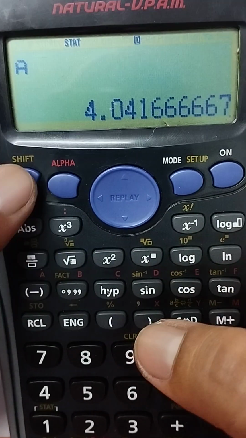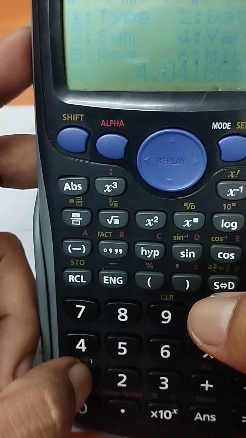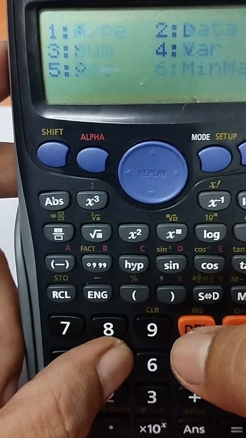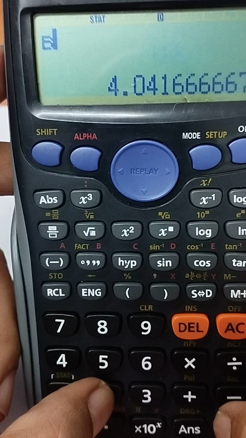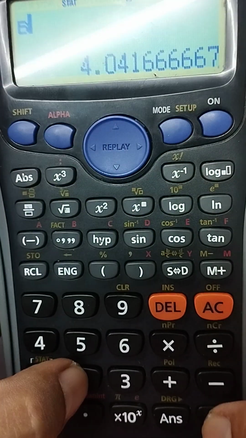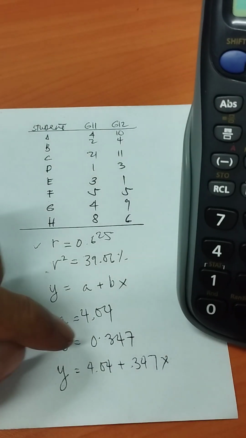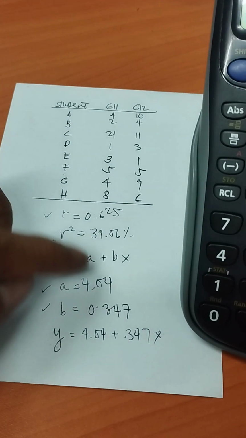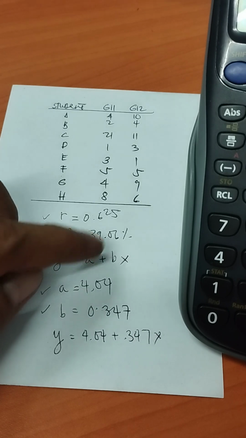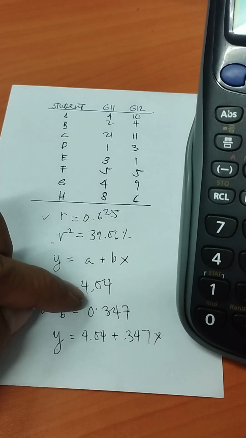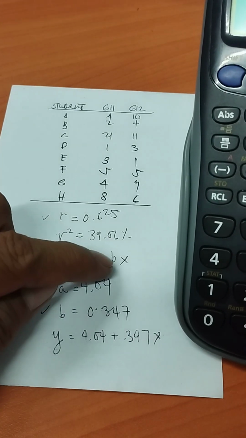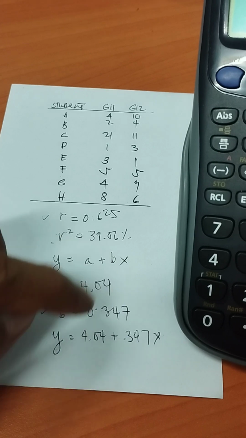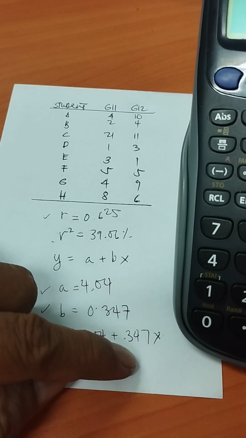And then when you press shift stat reg B equals, that's 0.347. There you go. So the regression equation would be y equals a plus bx. So a would be 4.04, while b, which is the slope of your regression line, will be 0.347.